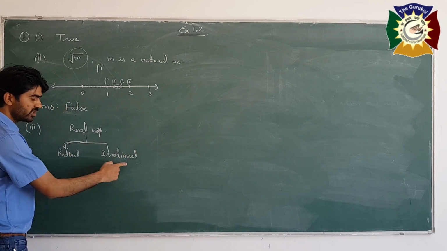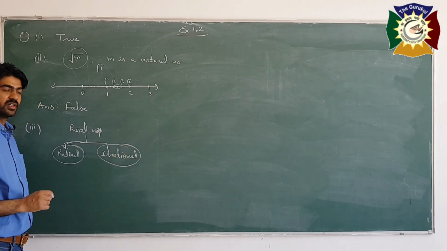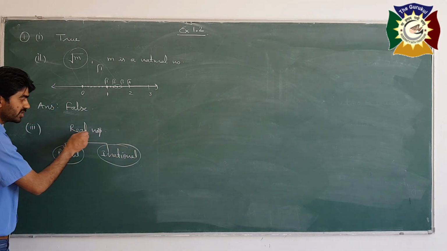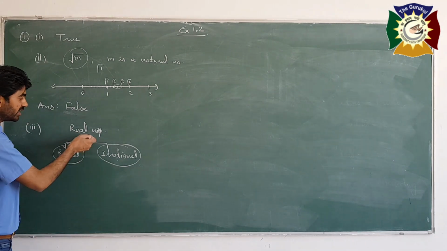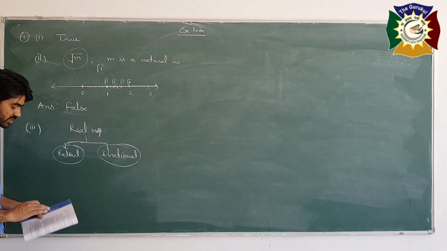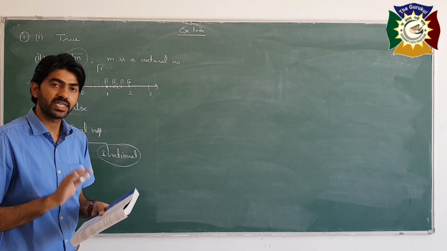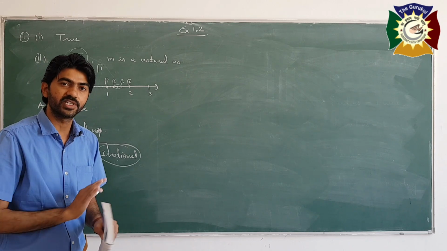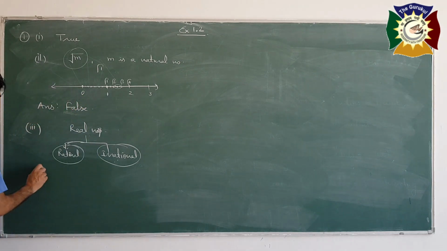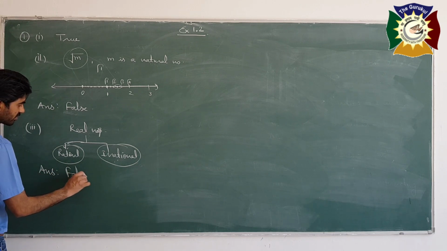In real numbers, both are there, rational numbers as well as irrational numbers. What they are saying is that every real number is irrational. That is not true. A real number can be rational, a real number can be irrational also. So this statement becomes false. So the answer for this is false.